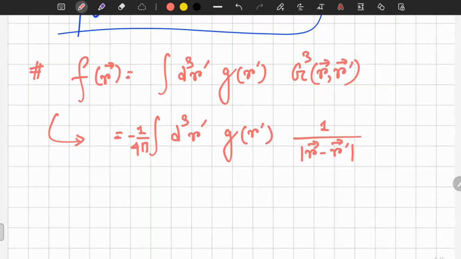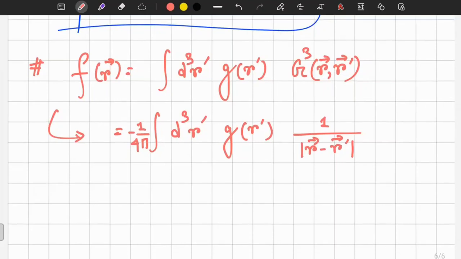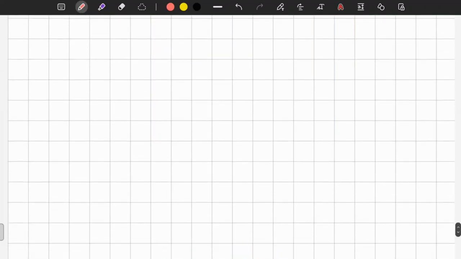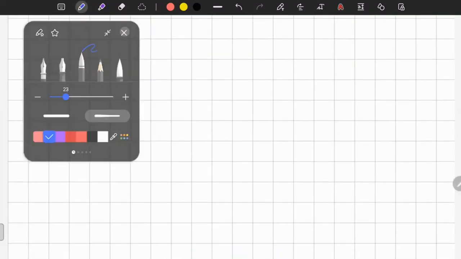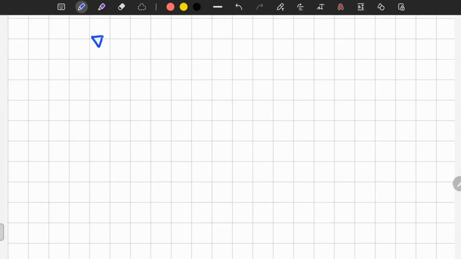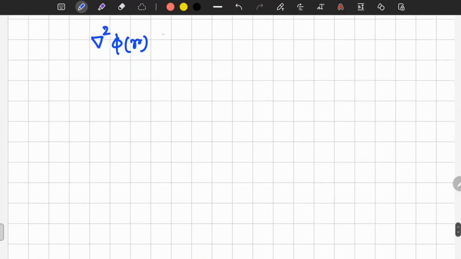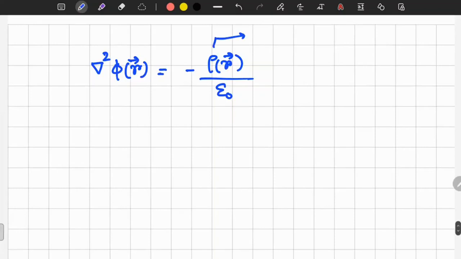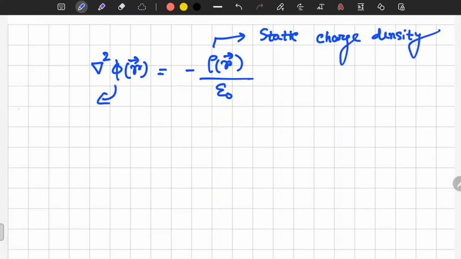We can obtain this. If we want to check whether this form is correct or not, we can check it easily, because we are very much familiar with the Poisson equation in the case of electrostatics, right? The Poisson equation is very famous in electrostatics, which is just del squared phi(r) equals minus rho(r) by epsilon naught, where phi is the electrostatic potential, rho is the static charge density, and this is our electrostatic potential.